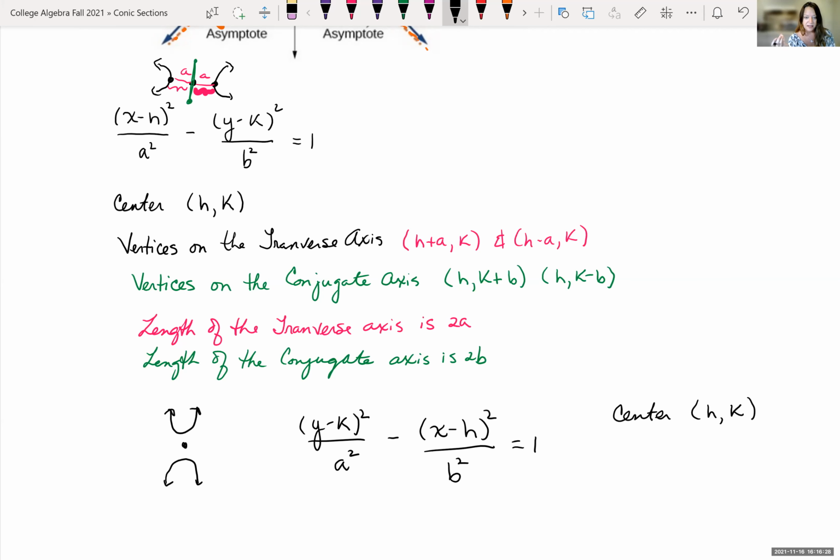With the hyperbola, the a value is always with the fraction that is positive out front. Each of these has a minus sign, and so a is with that fraction that's with the positive in front, and b is in the denominator where the minus is in front. So a is not necessarily bigger than b.